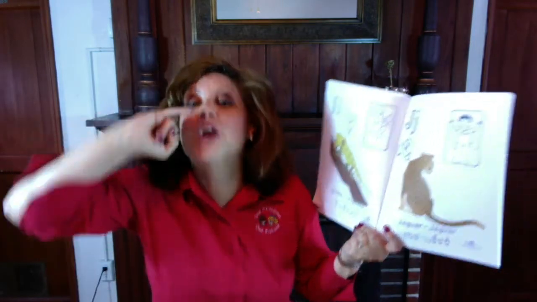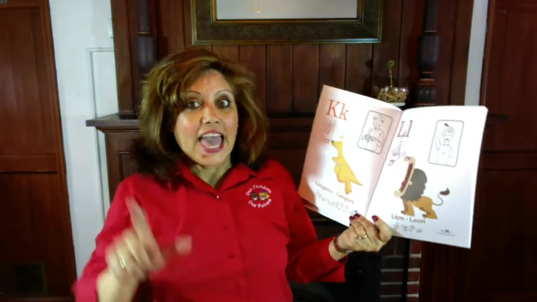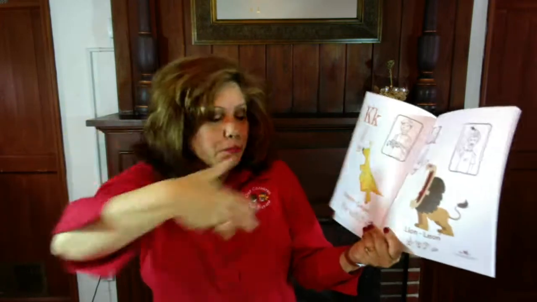J for jaguar, you could do two J's, in Spanish jaguar. K for kangaroo, in Spanish canguro. L for lion, in Spanish león o leona.